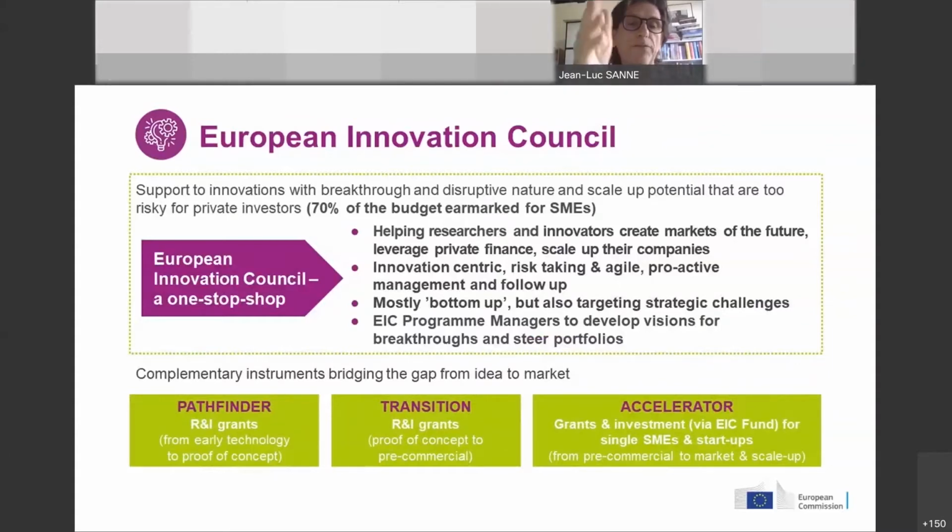So you have 3 phases possible. You start with the Pathfinder, which is the early technology proof of concept, then the transition towards pre-commercial step, and then when you are at this level of pre-commercial step and you want to go to market and scale up, you have the accelerator.